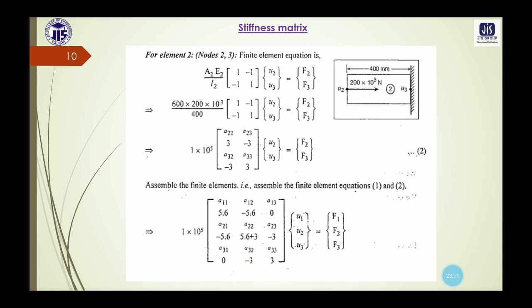Next, if we perform a similar procedure for element 2, you can see that for element 2 we have the nodes U2 and U3. The value of U2 is given as 210 cube Newton, and the value of U3 is 0.